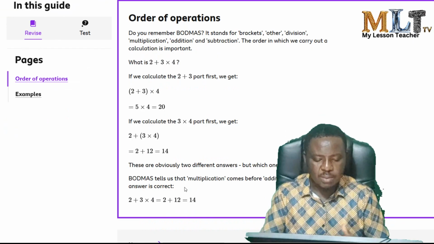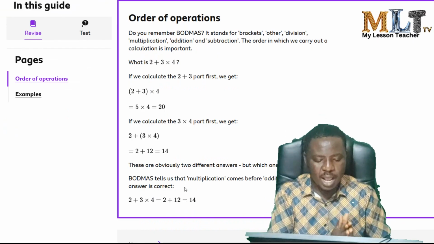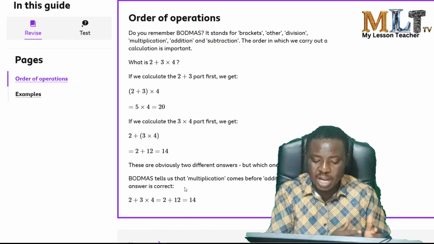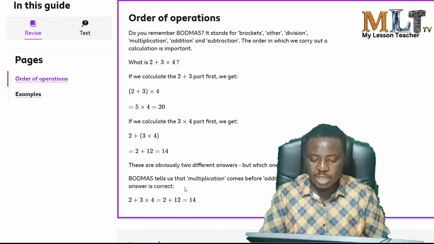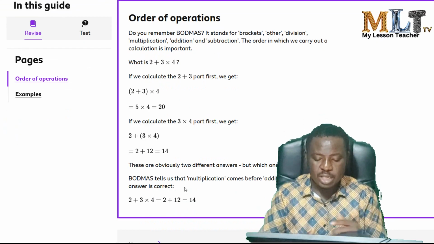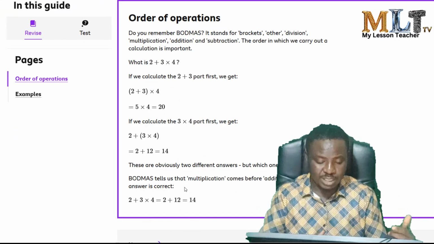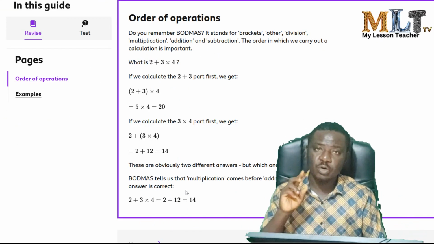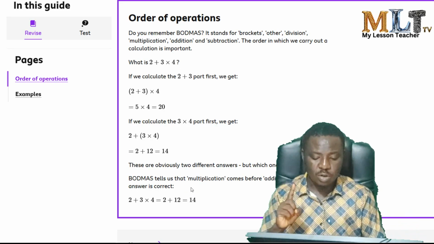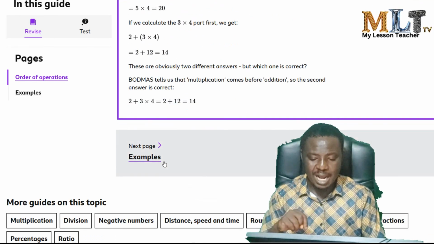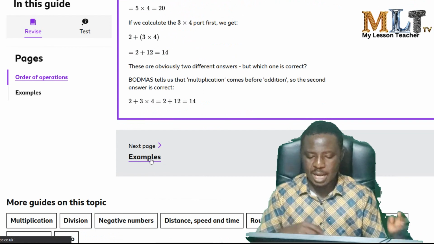BODMAS tells us that multiplication comes before addition, so the second answer is correct, meaning 2 plus 3 times 4 is equal to 2 plus 12, which is equal to 14, meaning you carry out the operation of multiplication before that of addition. So let's take another example.